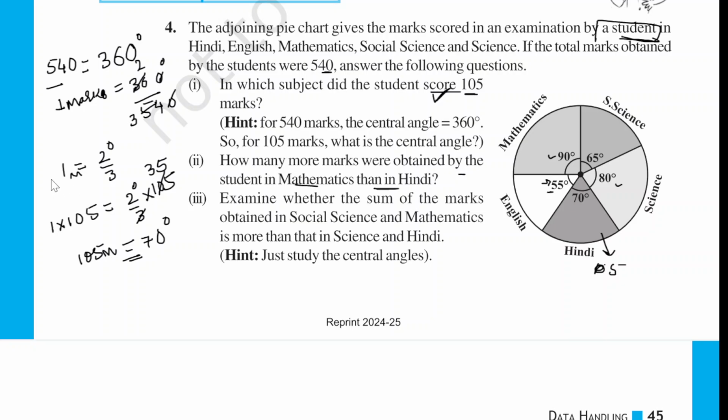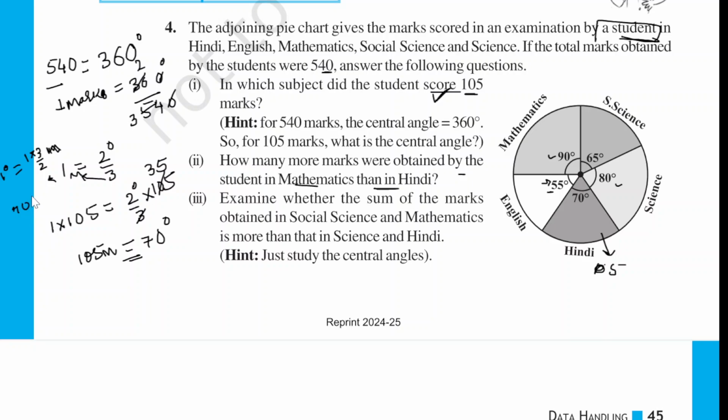So 1 degree is going to be 3 by 2 marks. We just inverted it. So 1 degree is equal to 3 by 2 marks.